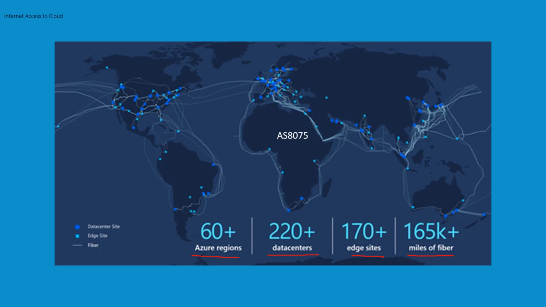Microsoft operates primarily through the AS number 8075. It's a global autonomous system. The company's network is extensive, boasting around 250 IPv4 routes and 70 IPv6 routes, facilitating widespread connectivity.